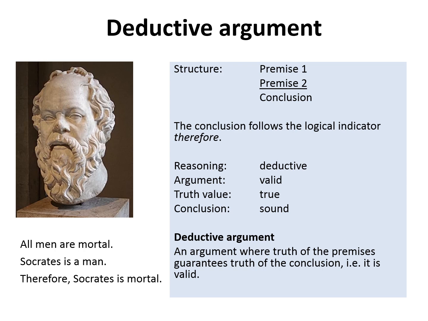In this case, the argument's valid, and for the truth value, we're going to assign it true. We have all men are mortal and Socrates is a man. Well, I believe both of those statements are true. Therefore, this is a deductive argument, an argument where the truth of the premises guarantees the truth of the conclusion, i.e., it's valid.